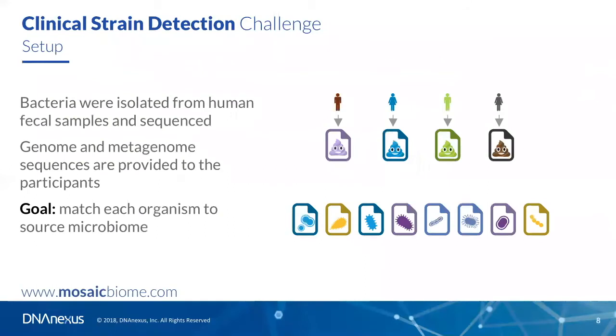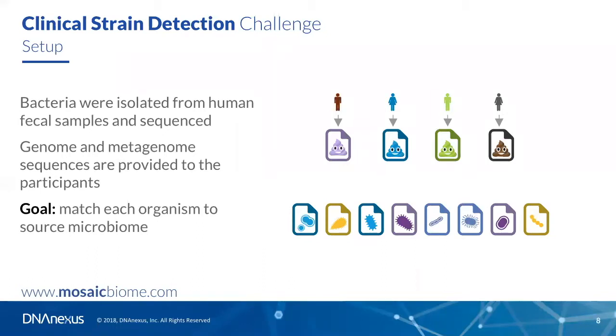What we're trying to do with the clinical strain detection is simulate the case where you have 40 isolate genomes that you are giving to a patient, and then you want to be able to see whether that patient has those strains. The way we constructed this challenge is to isolate bacteria from real stool samples from different humans, sequence the bacteria, and also sequence the microbiome samples.